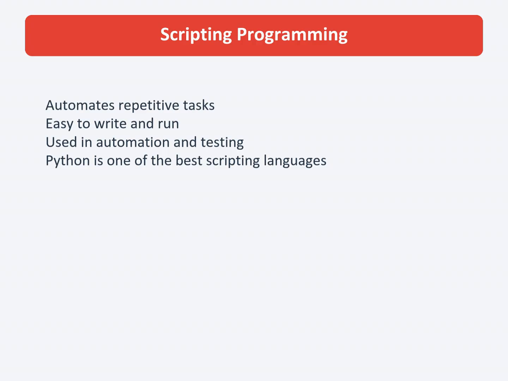The next one is scripting language. Scripting language is one of Python's very important and useful roles, because Python is also known as a scripting language. It is widely used for automation, testing, and repetitive tasks because it is simple and fast to write.